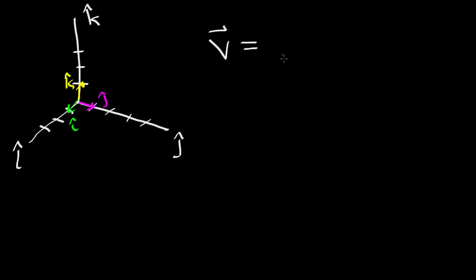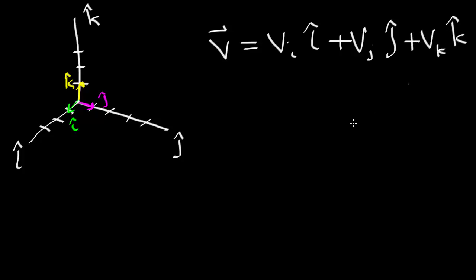So then we can start to specify vectors, and we say they have some value, and we can call it vi now, in the i hat direction, plus vj in the j hat direction. And usually we actually don't put a hat on the vj there. And then we have vk in the k hat direction.